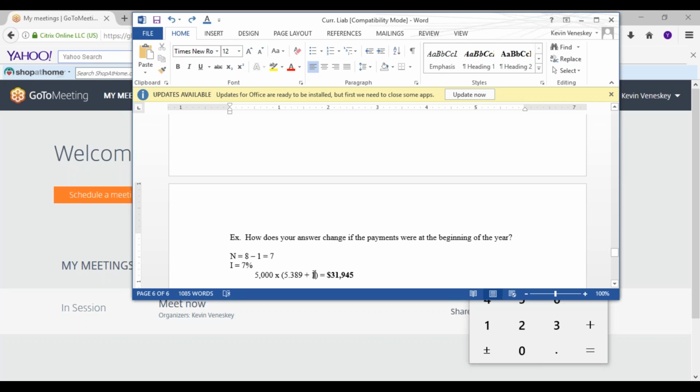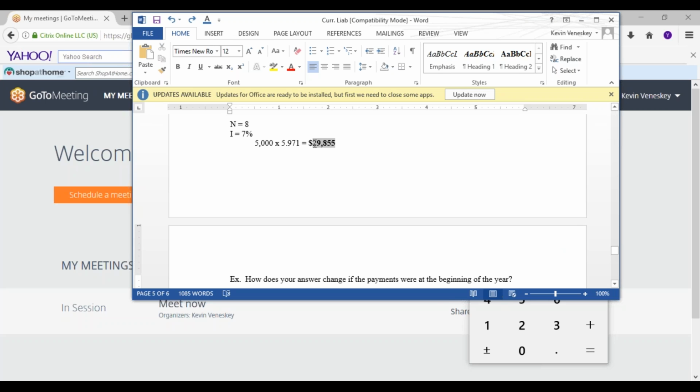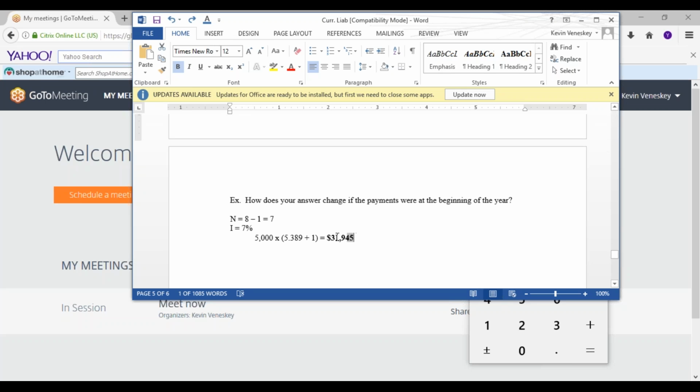Now we're going to add 1 back to the chart figure. So I'm going to take 5,000 times 6.389. And as always, whenever you get paid ahead of time, that number is going to be higher than if it was end of the month. So comparing the 29 to the 31,000.